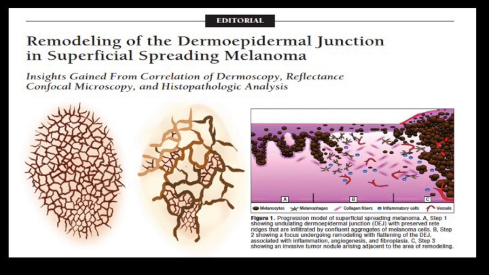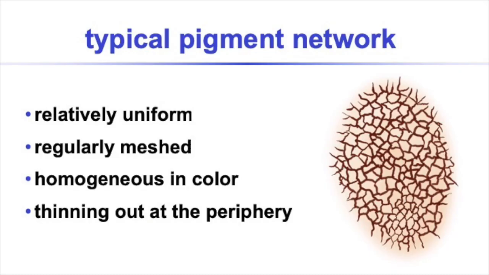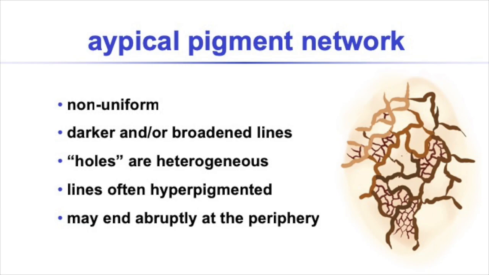Regular network has minimal variation in the color of the lines and the thickness of the lines and the distribution of the lines, and they're pretty contiguous. Whereas atypical network has increased variability in color and thickness, and they get broken up into fragments within the lesion, right? It's instantaneous gestalt recognition, there's something not right. So uniform and non-uniform network.